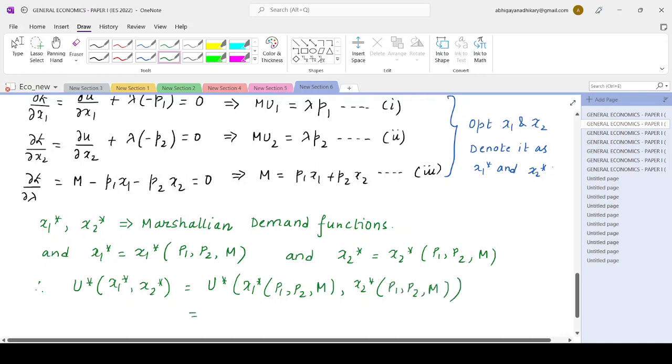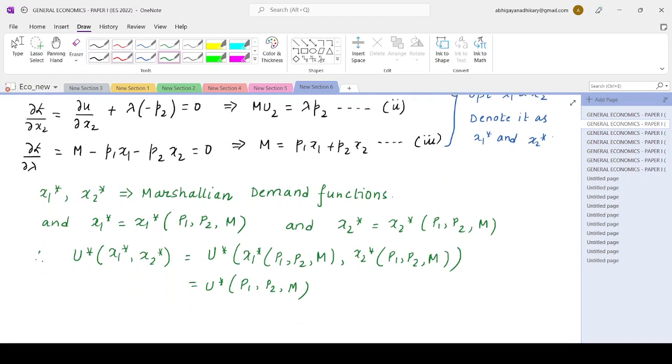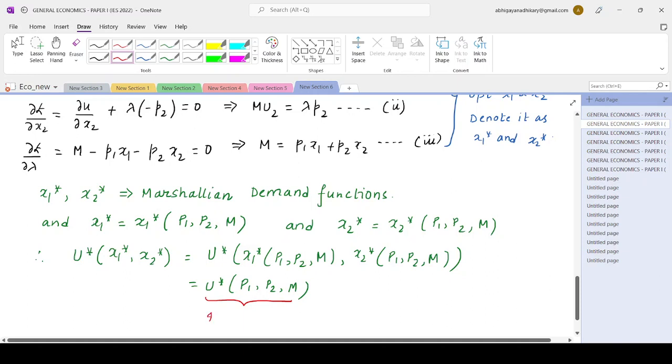That means the highest obtainable level of utility in turn depends upon these parameters p1, p2 and m, and this is what we call the indirect utility function. We generally denote it as v of p1, p2 and m.